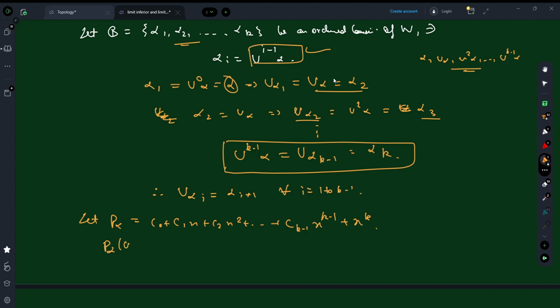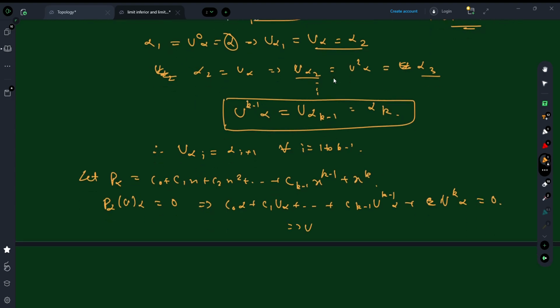Therefore P alpha of U of alpha is equal to 0, right? So that implies c0 alpha plus c1 U alpha and so on till c k minus 1 U to the power k minus 1 alpha, plus U to the power k alpha, is equal to 0.